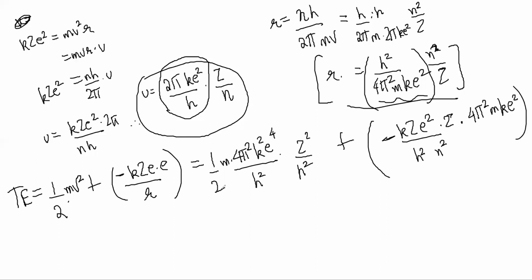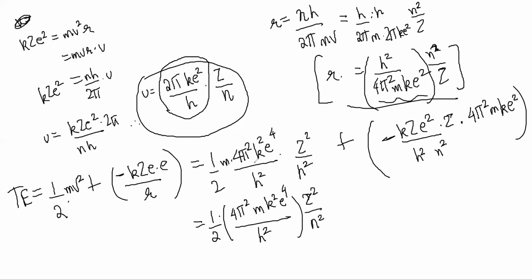Now notice that it will be very similar. So this is half of 4 pi square m k square e power 4 by h square into z square by n square. This was the kinetic energy term. This is kinetic energy, and notice here, this becomes z square by n square.